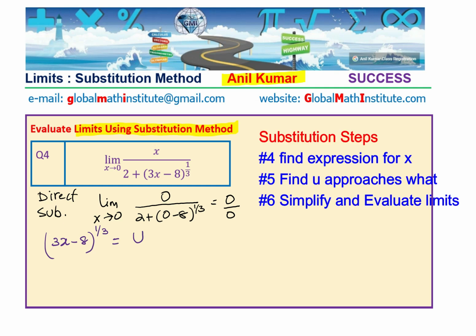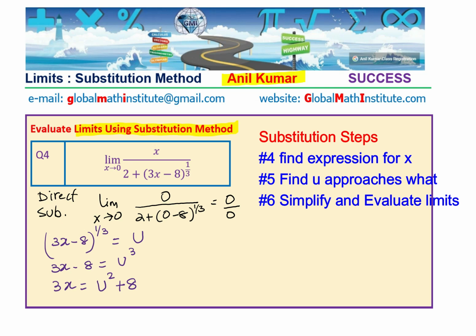Now, we could write 3x minus 8 as u cube, and that gives you 3x as u cube plus 8, and x will be 1/3 of this.